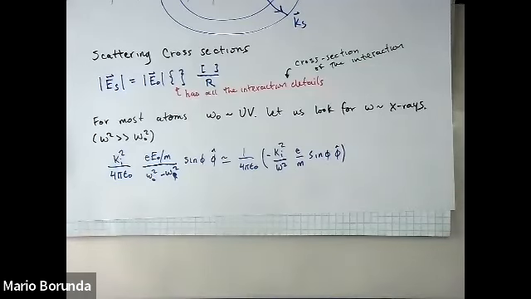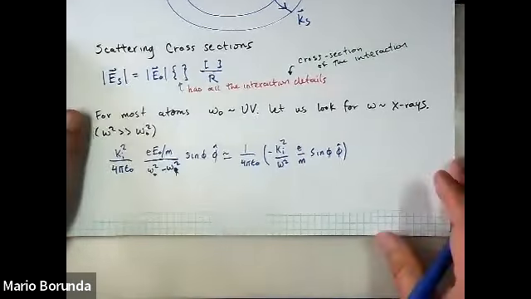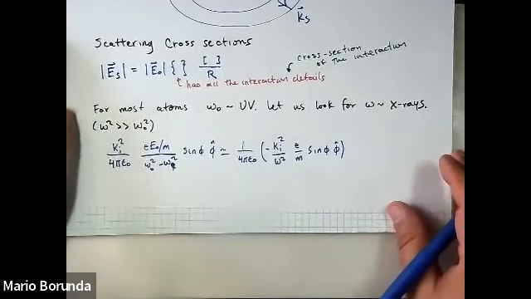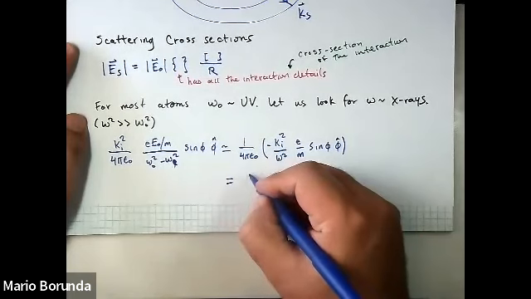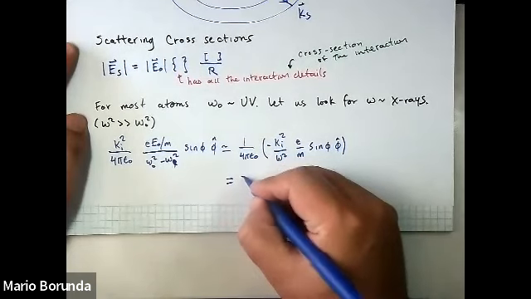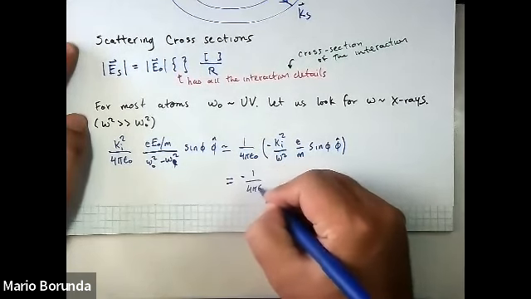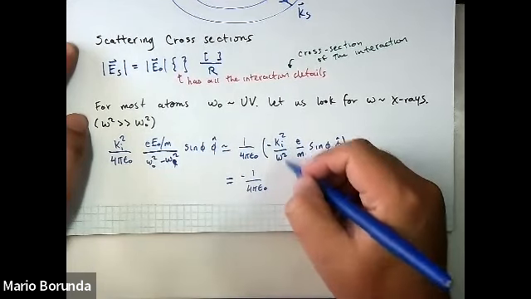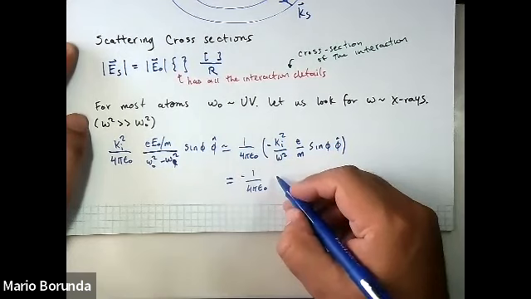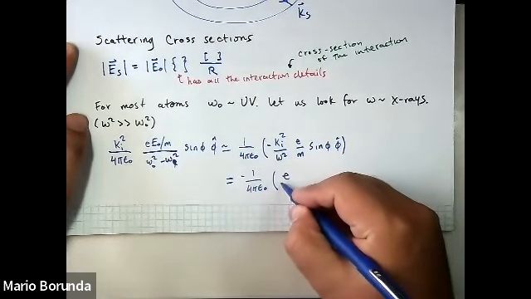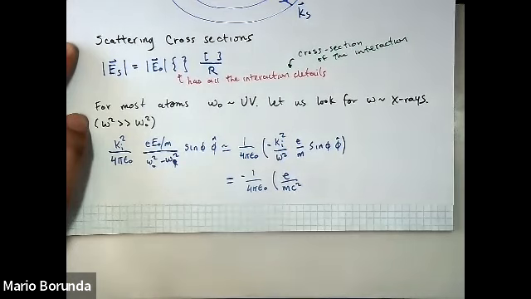So what that means is that this is equal to minus 1 over 4 pi epsilon naught. These two cancel out to give you just a speed of light. And you get mc squared right here.